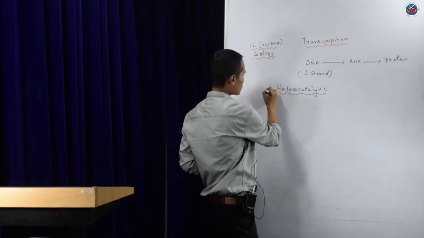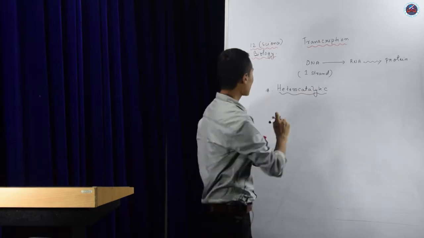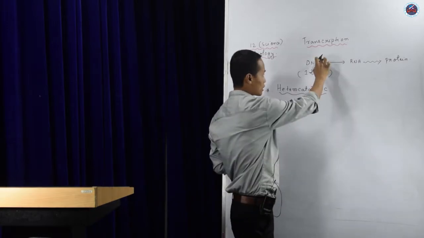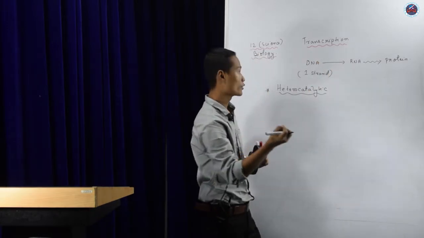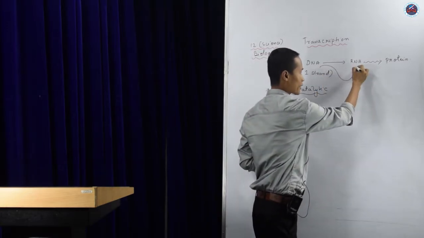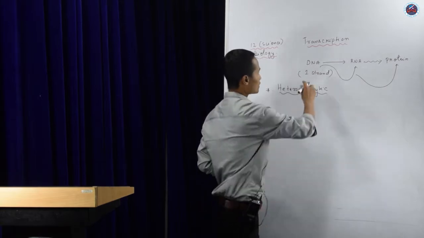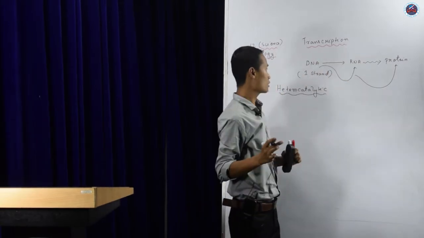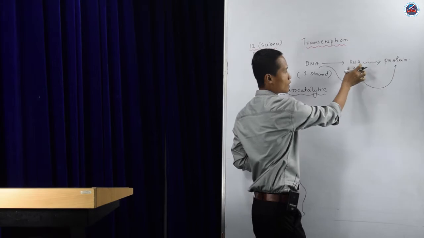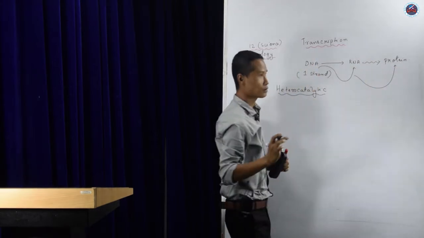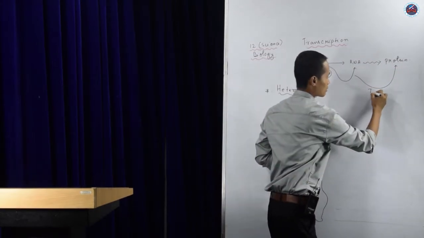I'm repeating again: heterocatalytic means DNA will be helping for the synthesis of RNA and for the synthesis of protein. So for the synthesis of DNA to RNA, we call it transcription. For RNA to protein, we call it translation.